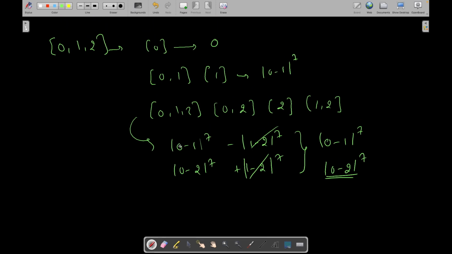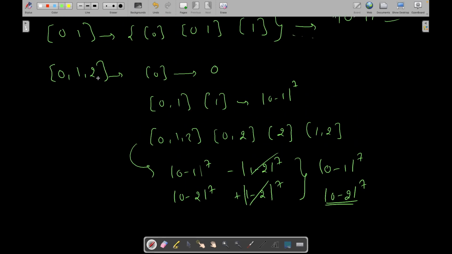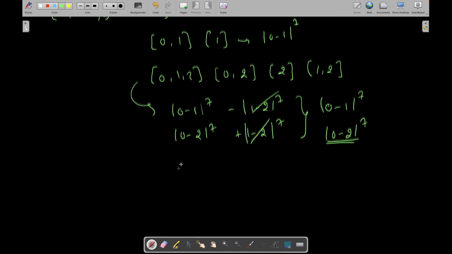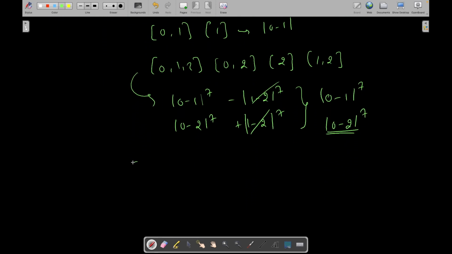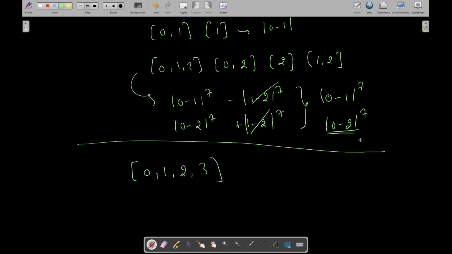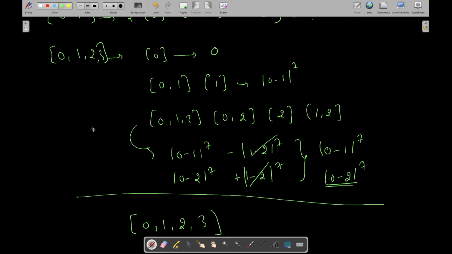And the interesting part is, if we had a 3 here, then what are the new subsequences that we will have? First is 0 1 2 and 3. Let me just separate these.